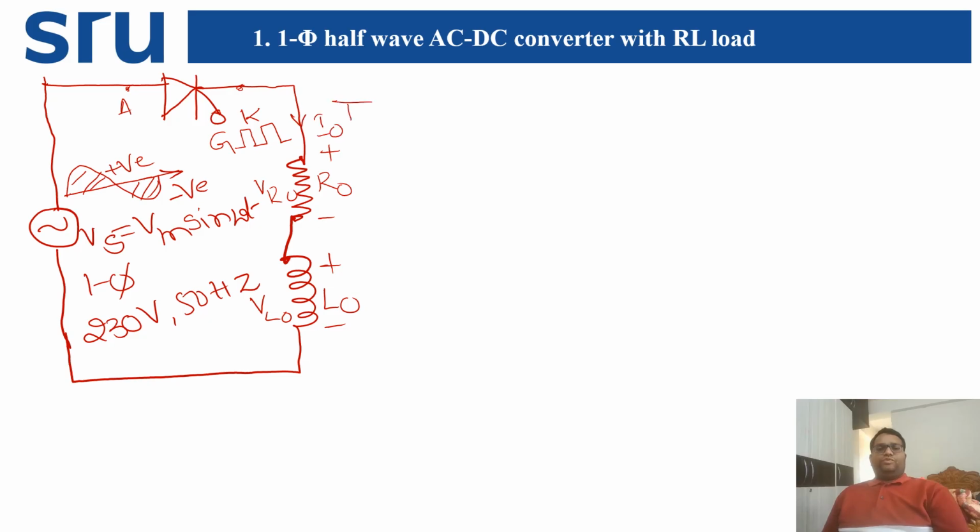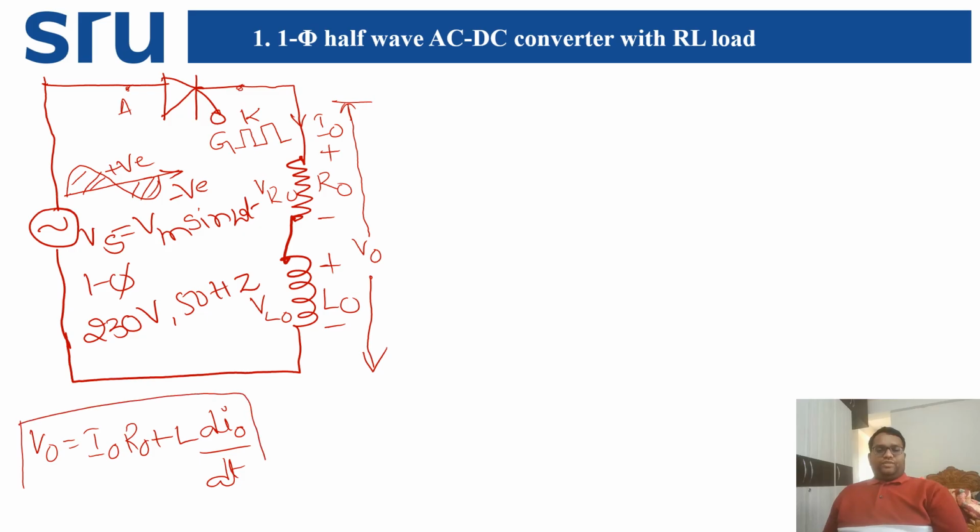So if you observe the total voltage appearing across this load, we can write V naught is equal to I naught into R naught plus L into di naught by dt. This is the general expression of the output voltage of the single phase half wave AC to DC converter with RL load.